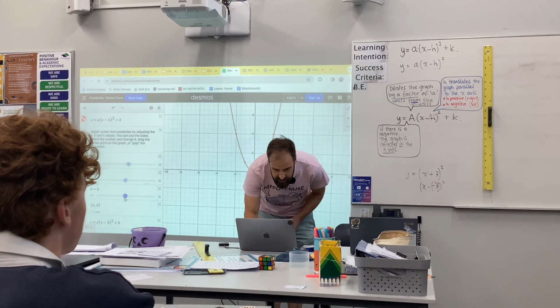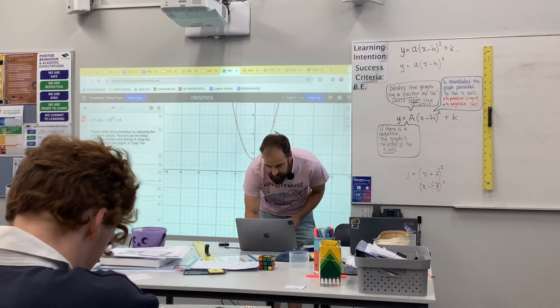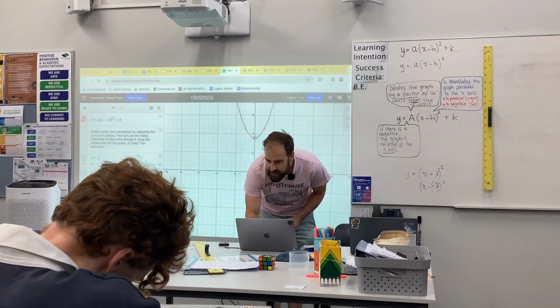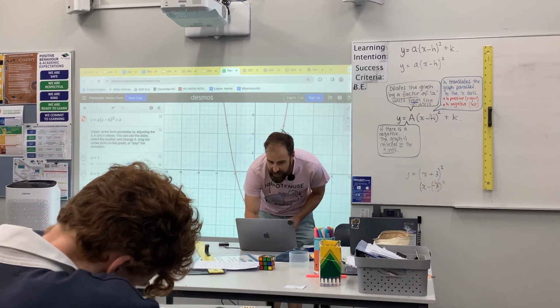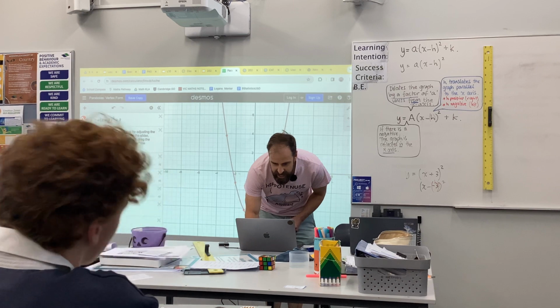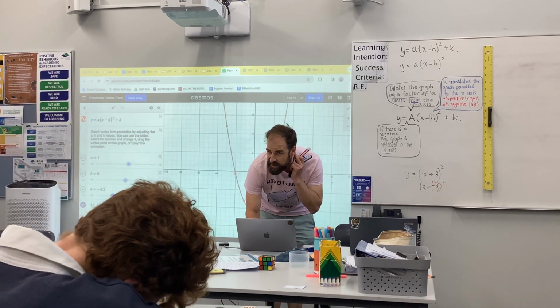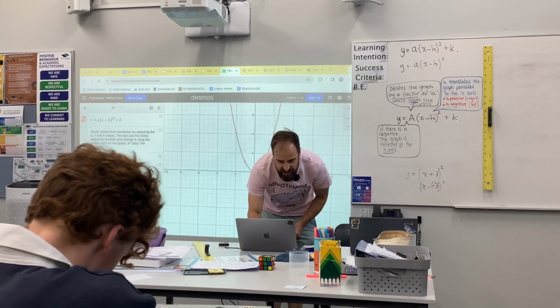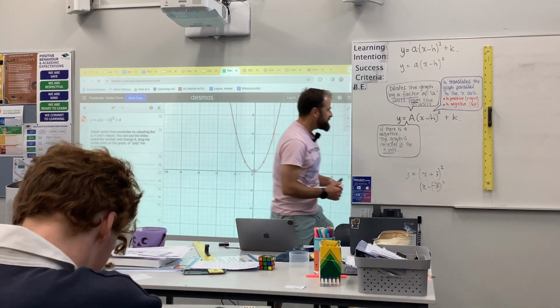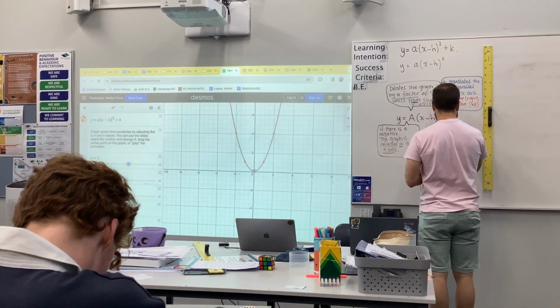Now, moving along, k value then, it moves it on the y-axis. Now, what's the word for moving it? Sorry? Translation. It is a translation. So the k value translates the graph up and down.